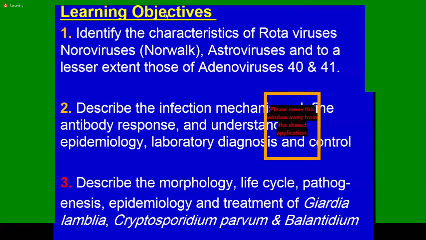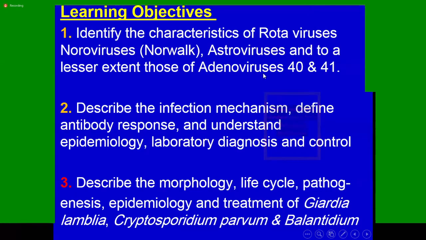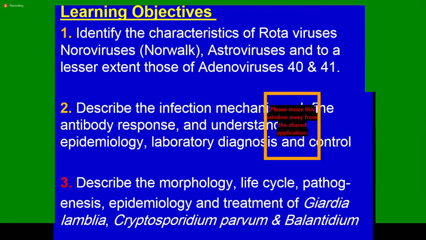So the learning objective is to identify and characterize important viruses: Rotaviruses, Astroviruses, and to a lesser extent... We are going to give you some hints regarding the mechanism of infection, antibody response, control, and then we are going to talk about some parasites regarding Giardia lamblia, Cryptosporidium parvum, and Balantidium. Just short hints.